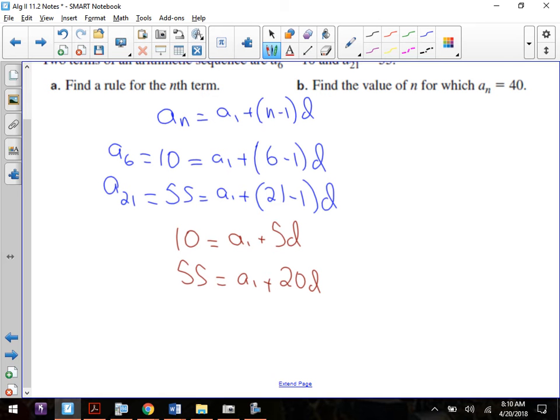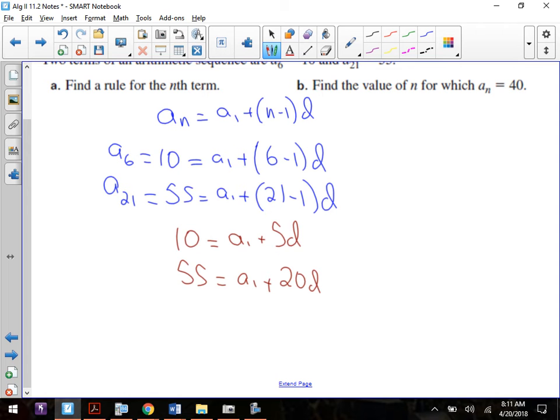What method is this trying to get you to set up to be able to solve for? Or let me ask you this, what is this trying to get you to solve for first? D. The reason it's trying to get me to solve for my common difference first is that if you notice, your first term is the same in both of them. So this is the case where I can use elimination, where you just subtract one from the other to get rid of it.